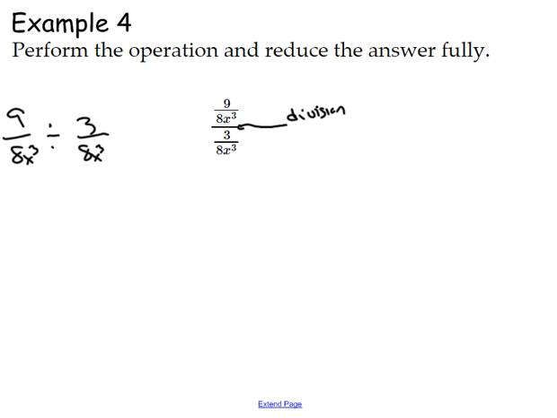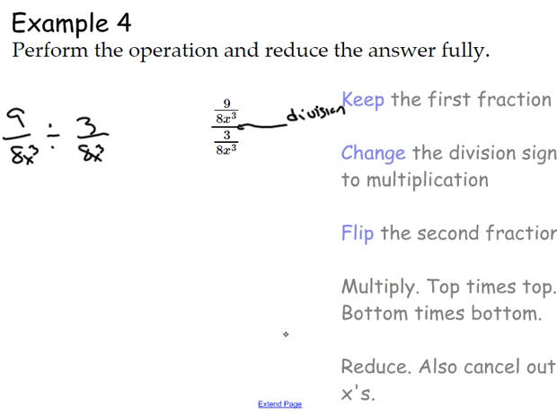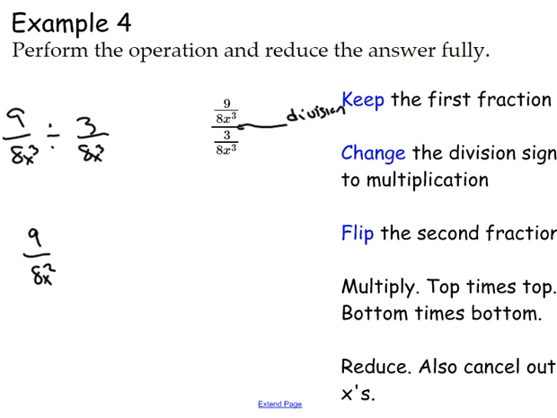So since it's a division of fractions, we're going to do the keep, change, flip. So we're going to keep the first fraction, we're going to change the division to multiplication, and we're going to flip the second fraction. So 8x to the third over 3.